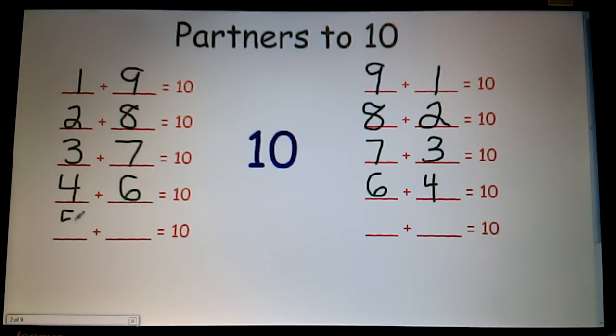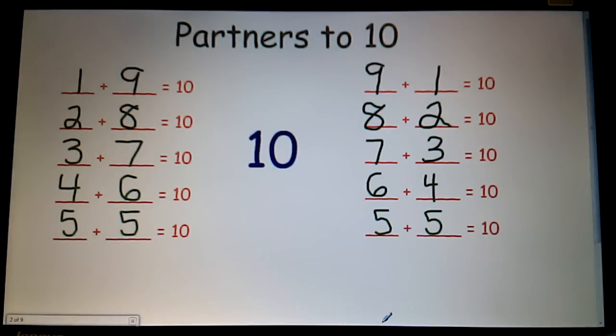And lastly, the last pair, because I know my doubles facts, 5 plus 5 equals 10. The turnaround fact stays the same for that number, and it is the only number that has itself as its own partner. These are the partners to 10 that we have been working on in the classroom.